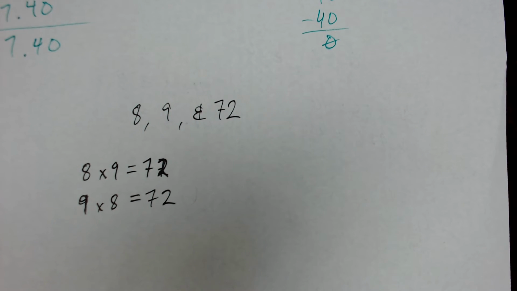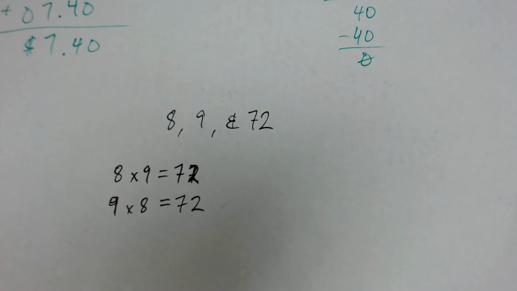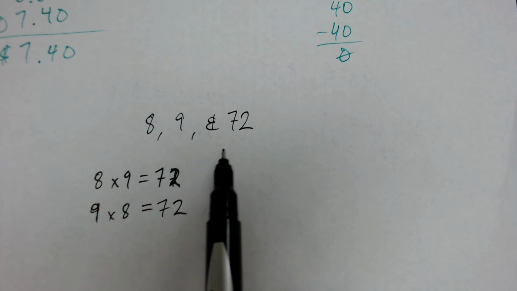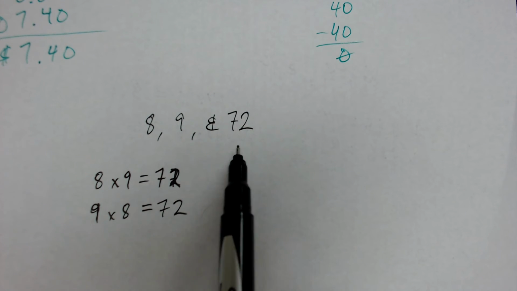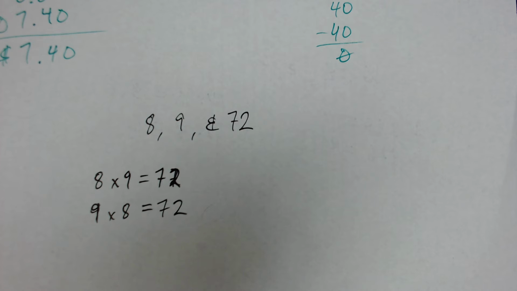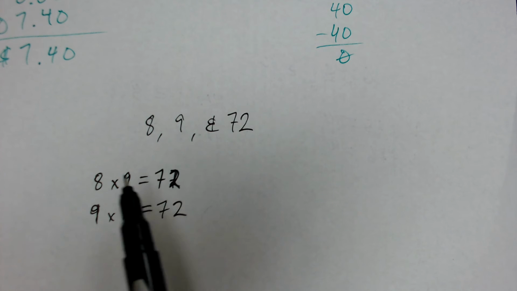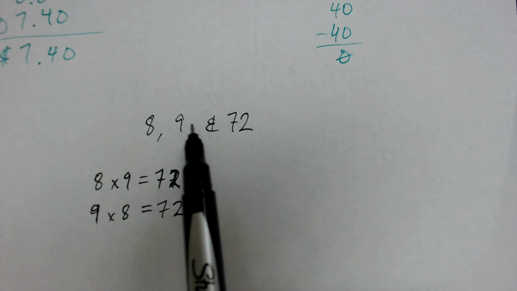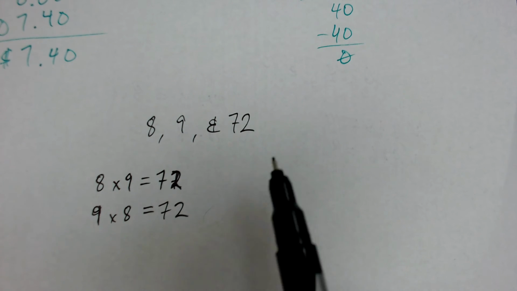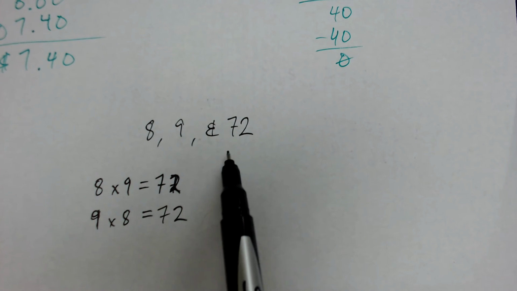Now, the hard part is the division facts, and it's very similar to the subtraction as well. Instead of looking for the quotient, I'm going to be looking for the divisor and the dividend, which can change. So the first thing I want to look for is the dividend. What number can be divided up?